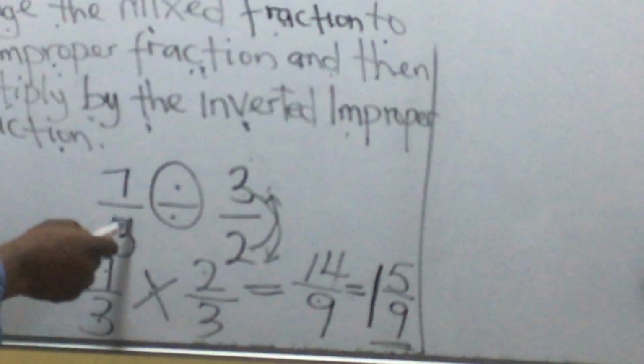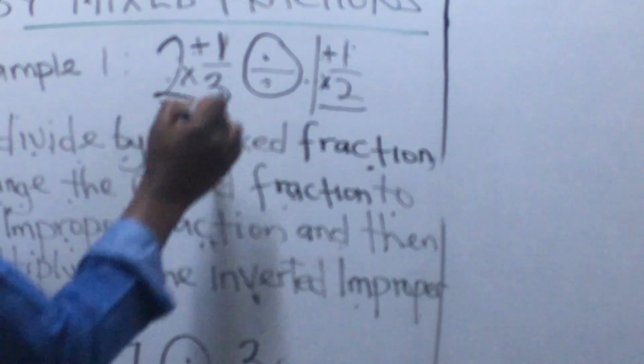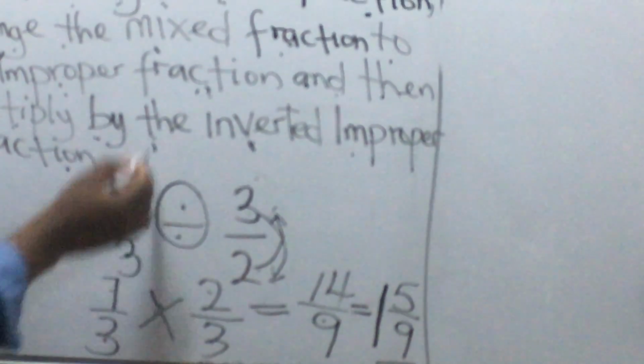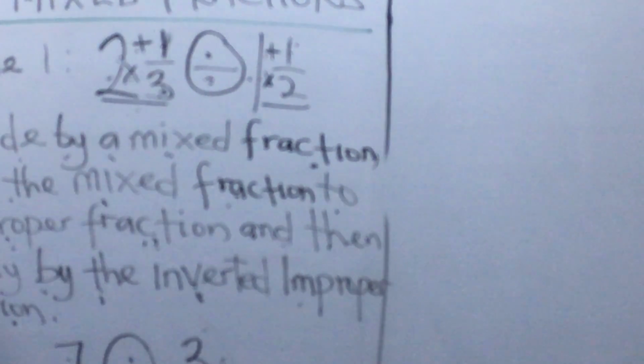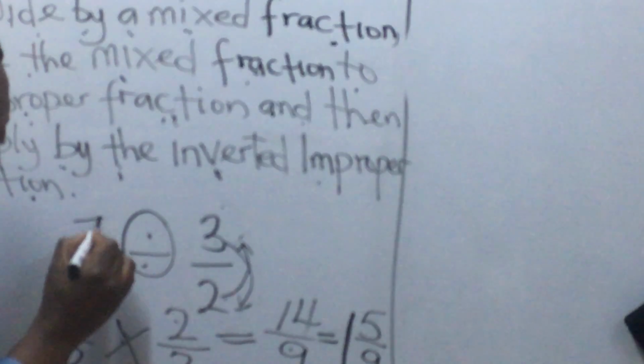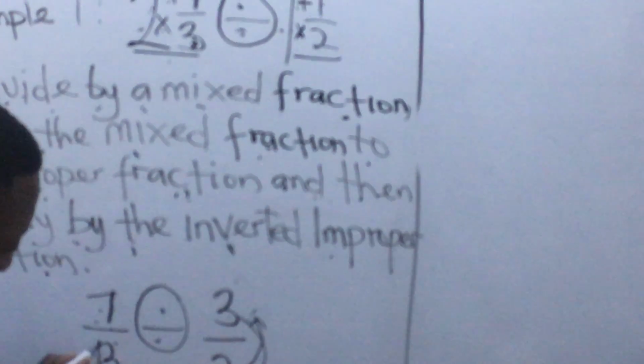That's what I did here, by converting this 2 whole number 1 over 3 to 7 over 3. By saying 3 times 2 will give you 6. 6 plus 1, 7. That's why the 7 is written here. 7 all over this denominator, which is 3. That is the 3 here.